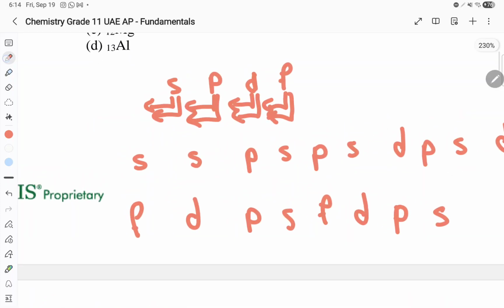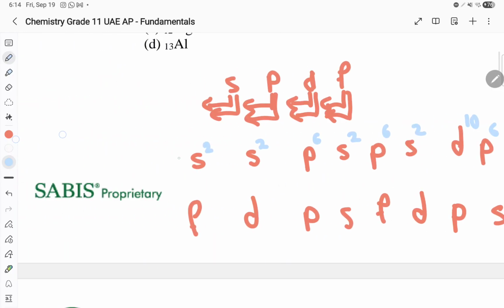Now, S always has an exponent of 2. P always 6, S2, P6, S2. D always has 10. When I say always, I mean when it's full. When it is not full, it can have 5 or 4, but D has 2 exceptions, which I will mention in a bit.